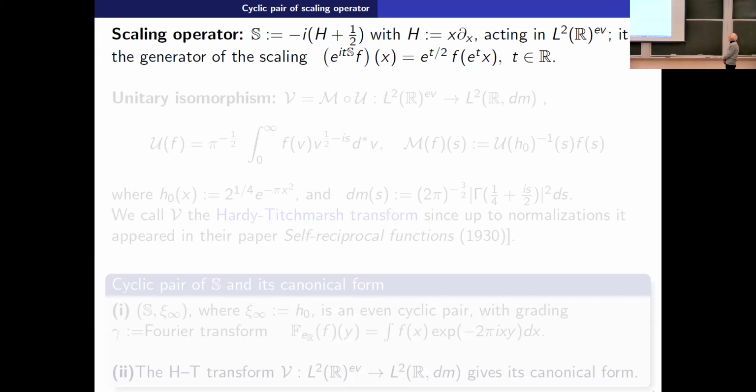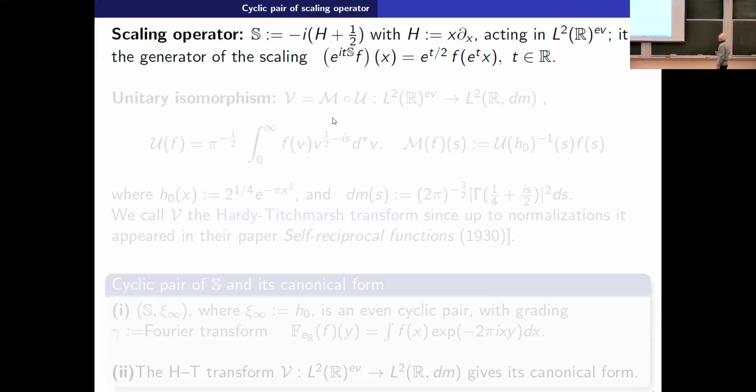Okay, now we get to the operators which were mentioned in Alan's talk, and which are the main actors, really. The first one is the scaling operator. Capital H is the scaling which Alan introduced on L2 of R. We are taking the even part.